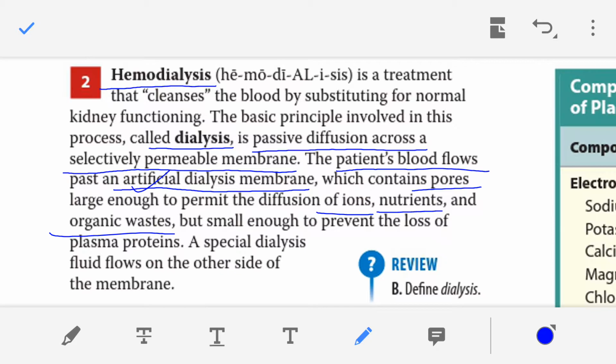So organic waste can pass, ions can pass, and nutrients can also pass. But the proteins present in the patient's blood are larger in size, so they cannot cross these pores. While the blood is flowing in the dialysis machine, a special dialysis fluid flows on the other side, that means on the outer side of the dialysis membrane.